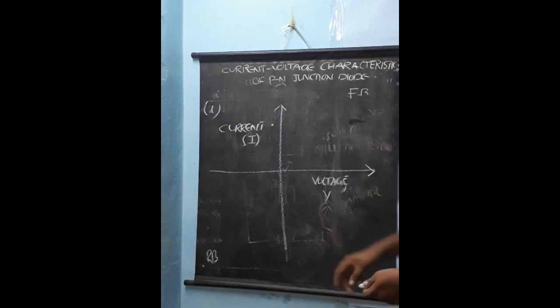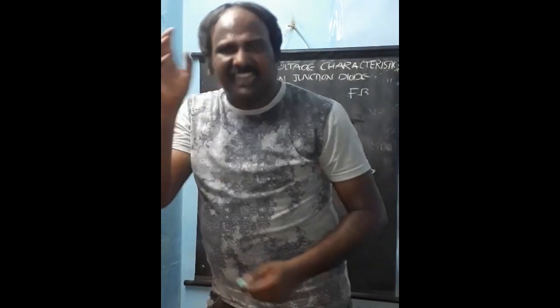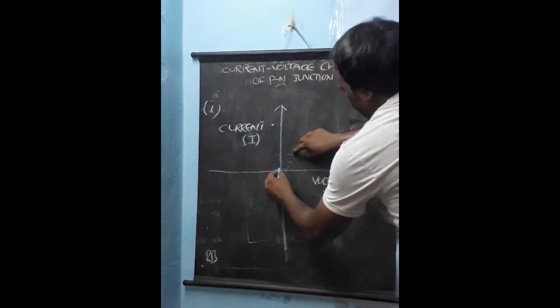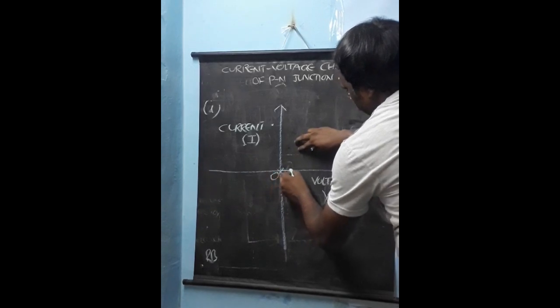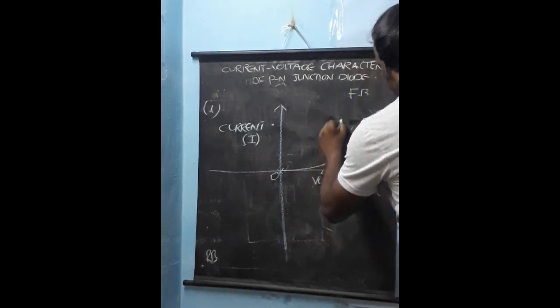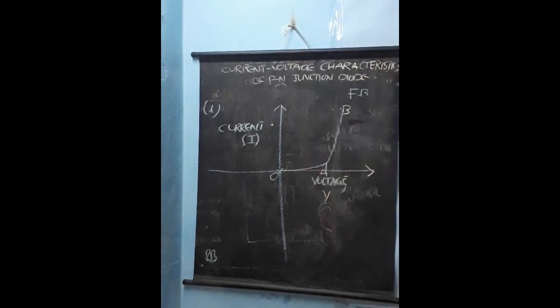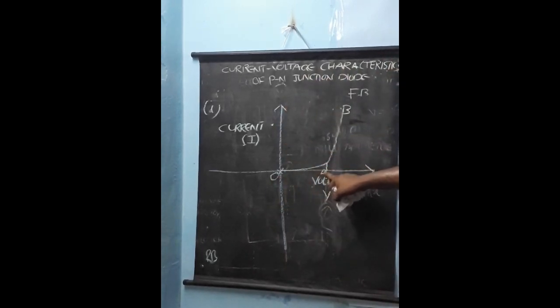Now, if you look at the graph in forward bias, the nature of the graph would be in such a way. In forward bias, the graph contains 3 points O, A, B.